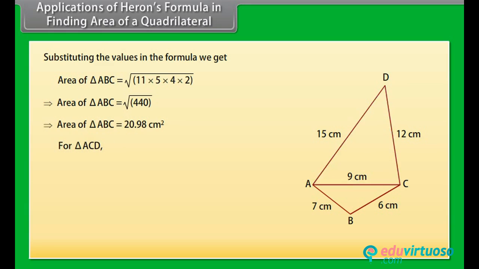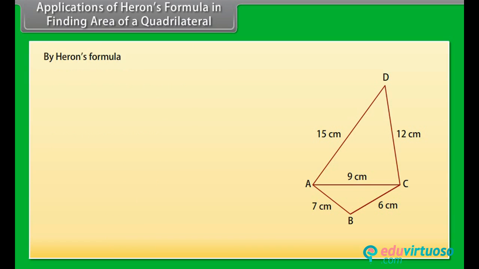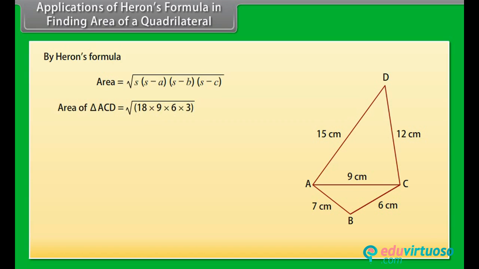Now, for triangle ACD, S is equal to (9 plus 12 plus 15) upon 2, which is equal to 18 centimeters. By Heron's formula, area is equal to square root of S into (S minus a) into (S minus b) into (S minus c). Therefore, area of triangle ACD is equal to square root of 18 into 9 into 6 into 3.